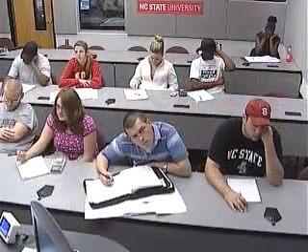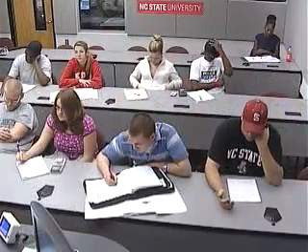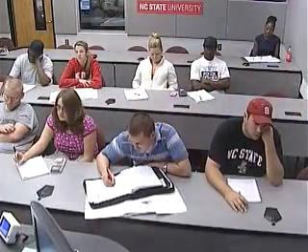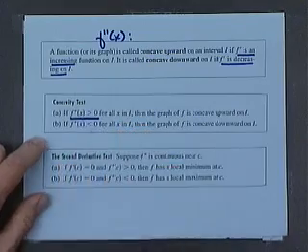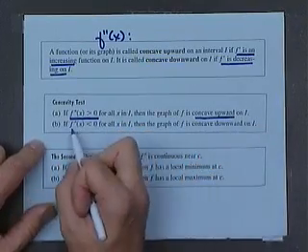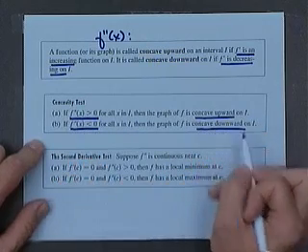So if you know all your first derivative stuff, all you basically do is take the derivative of each side, and you've got the second derivative information. If the second derivative is positive, the graph is concave up. And if the second derivative is negative, it's concave down.